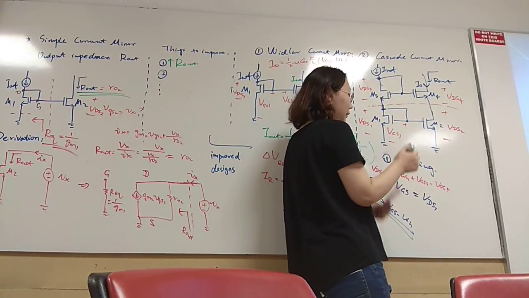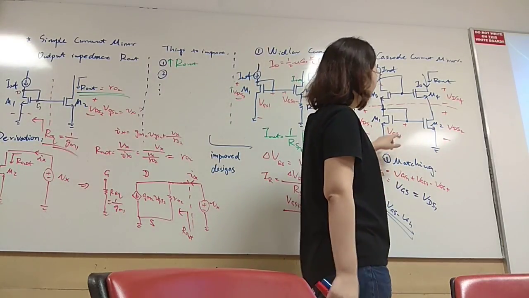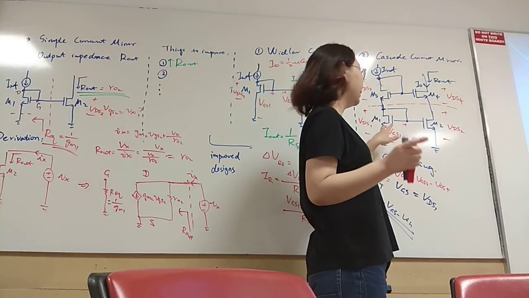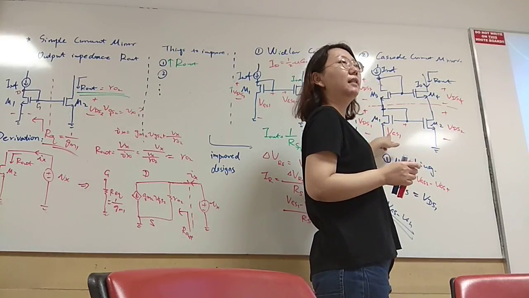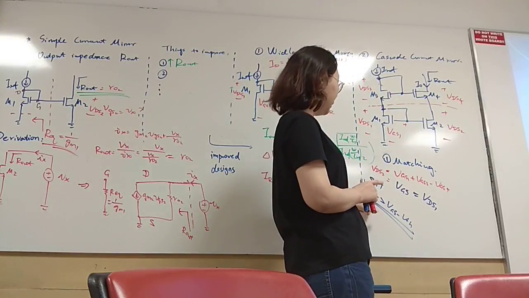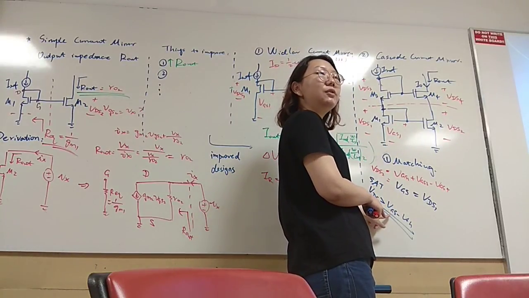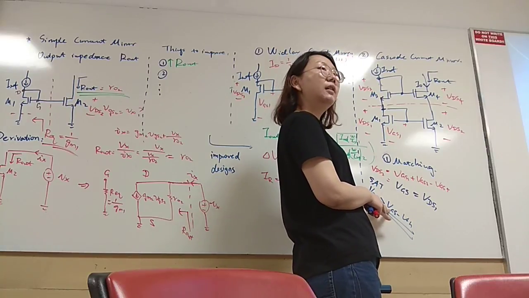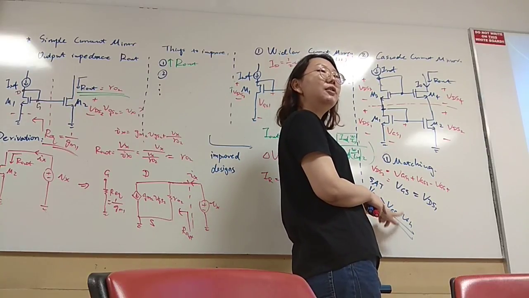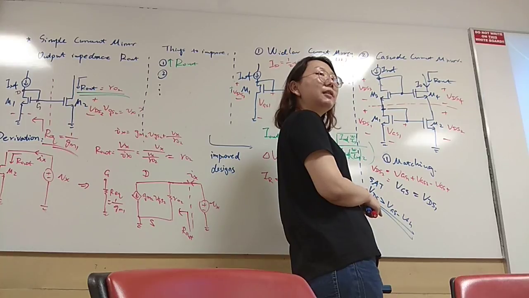So the only thing you need to check is actually what? Because this kind of structure already ensures this VDS is VGS. So once your VDS equals VGS, this VDS will definitely be bigger than VGS minus VTH, because these two terms are equal. So after this term minus a VTH, this term will definitely be smaller than VDS, right?